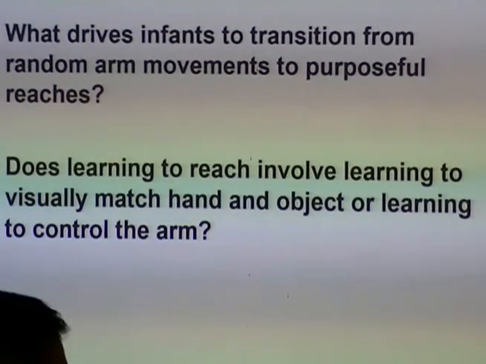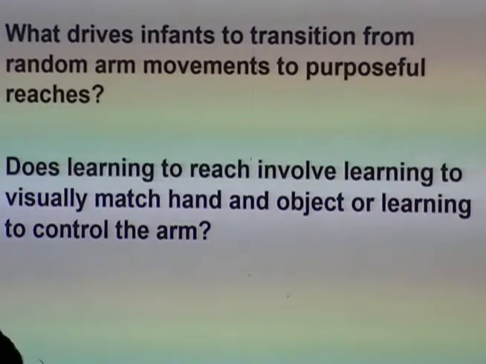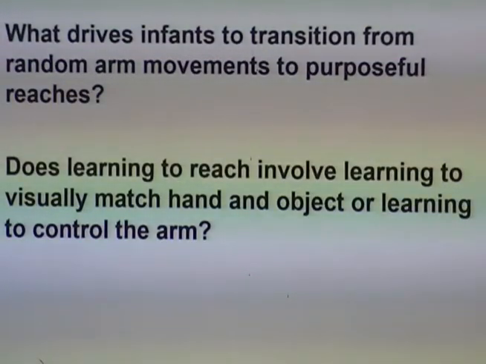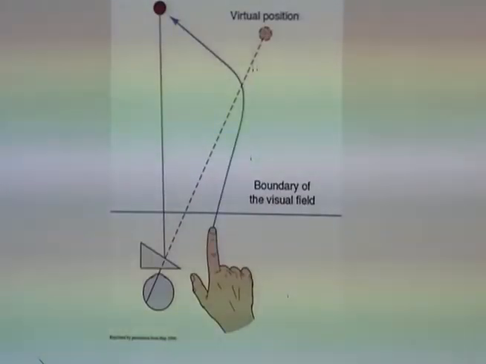So, by 7 months, we see very distinct decisions being made about how the arm moves, what shape the hand is going to be. Right? And when we look at adults, we see some really interesting results.